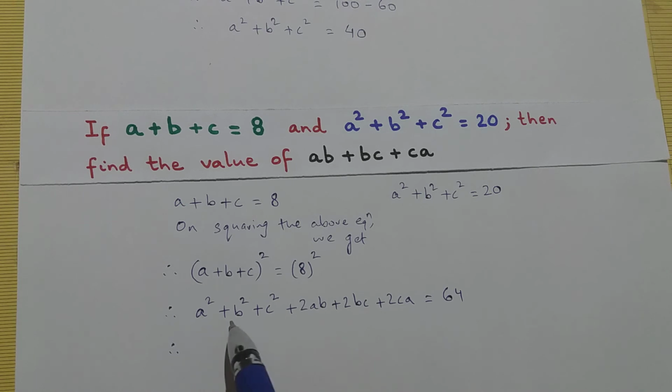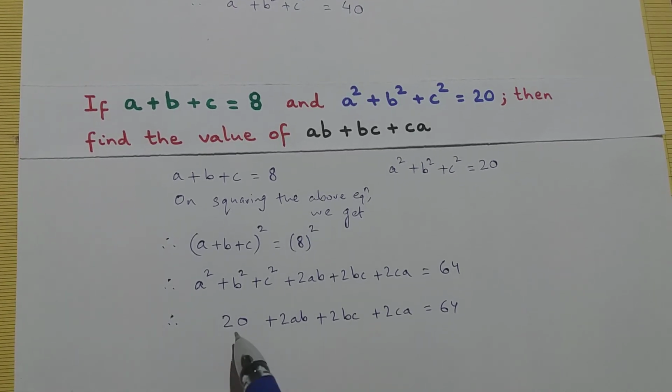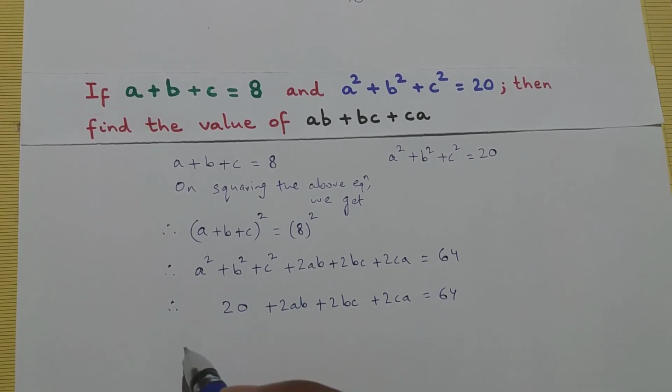So instead of a square plus b square plus c square, I can write its value, 20. So we have 20 plus 2ab plus 2bc plus 2ca is equal to 64.